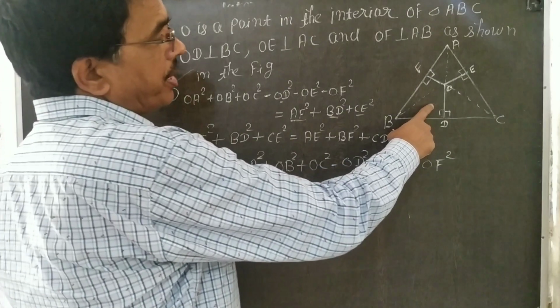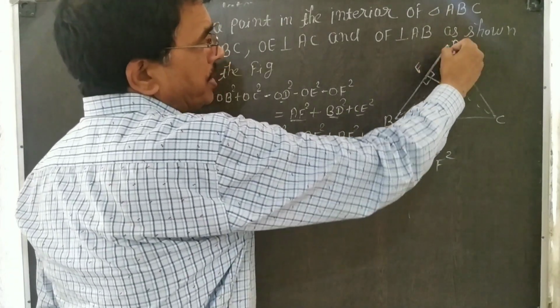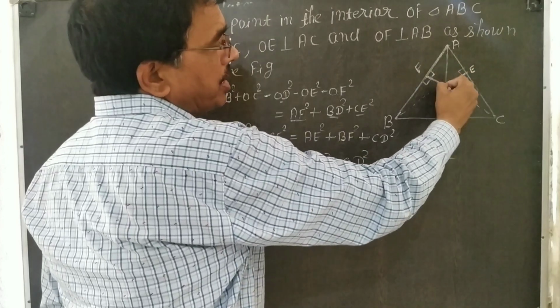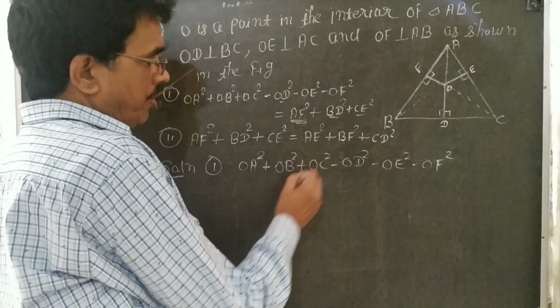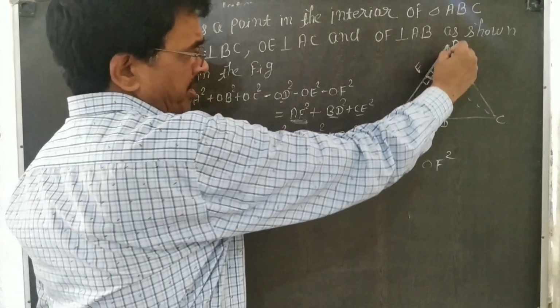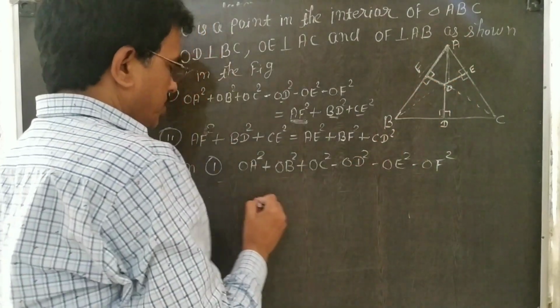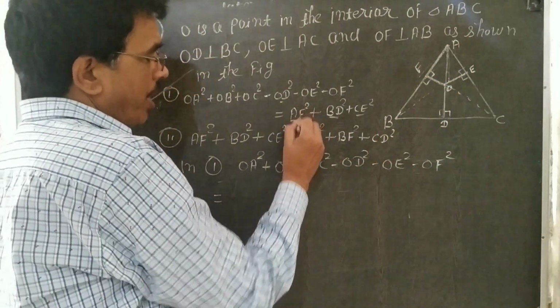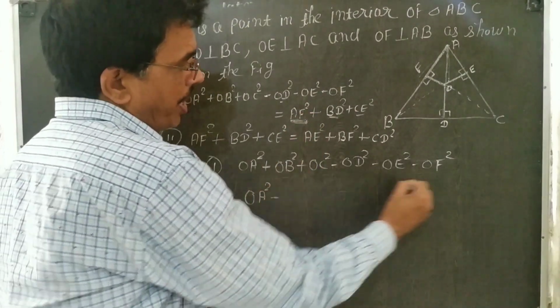From this figure, AF square is equal to OA square minus OF square. So you arrange it according to the RHS: OA square and minus OF square.